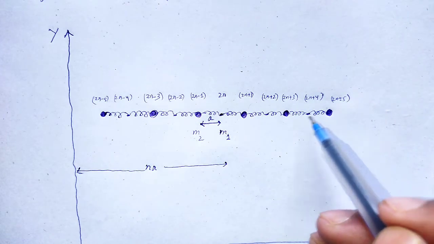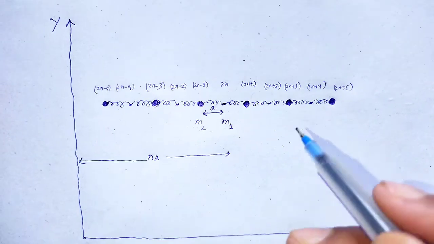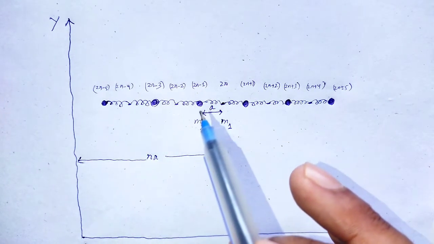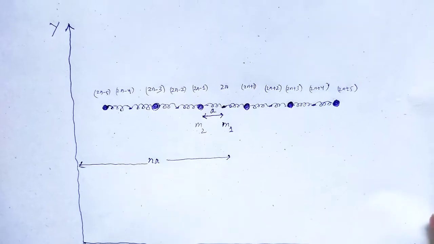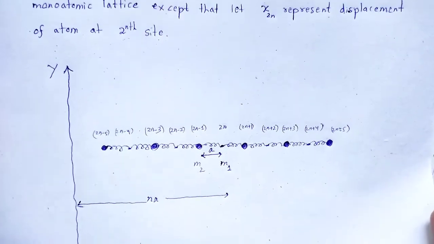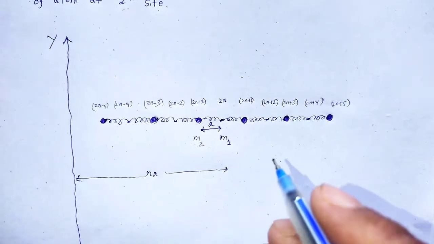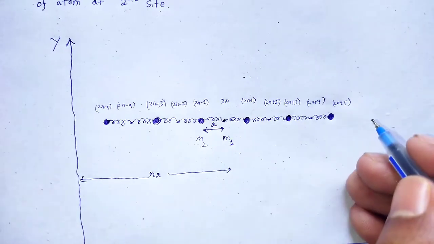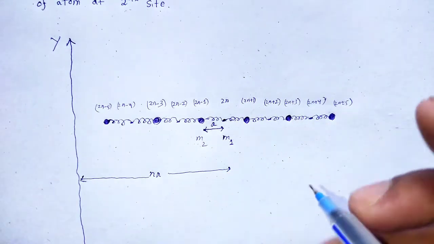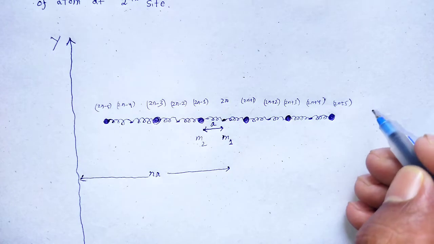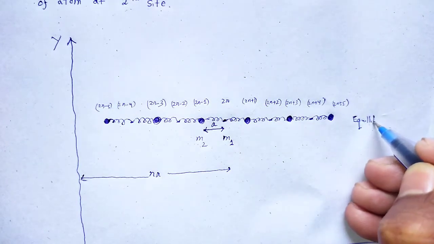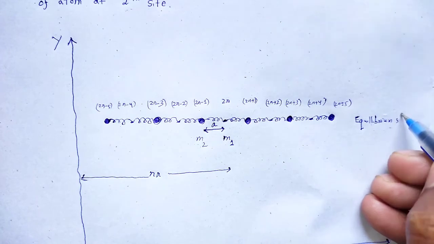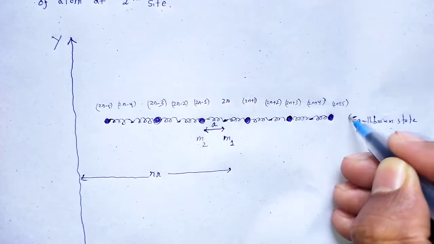These are the positions of larger masses. These atoms are present in this manner in the equilibrium state.